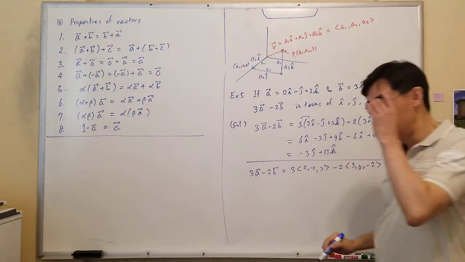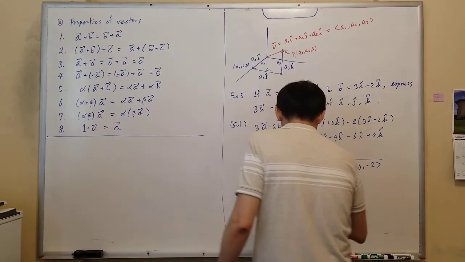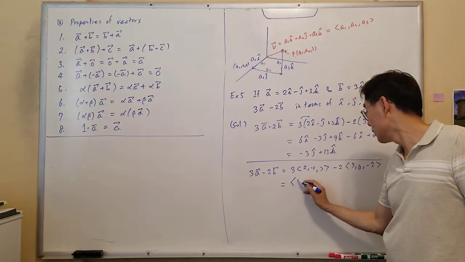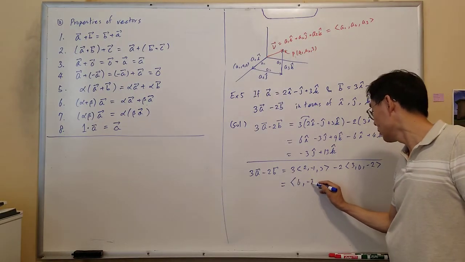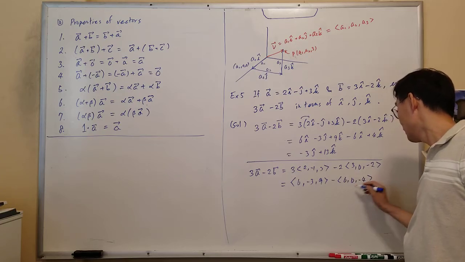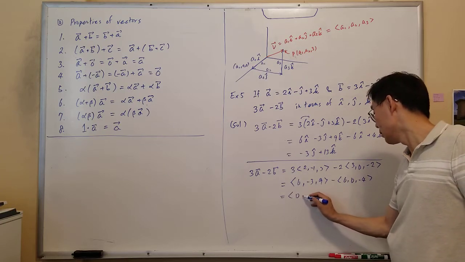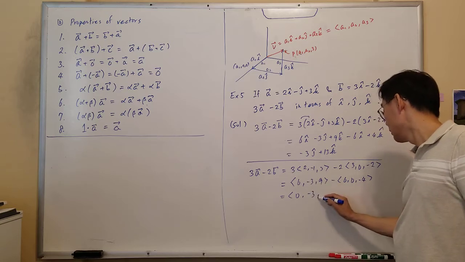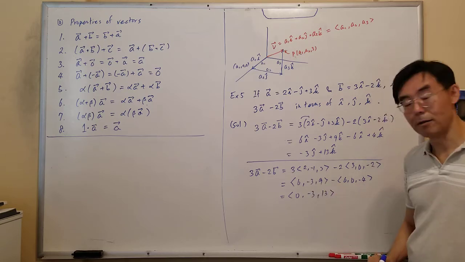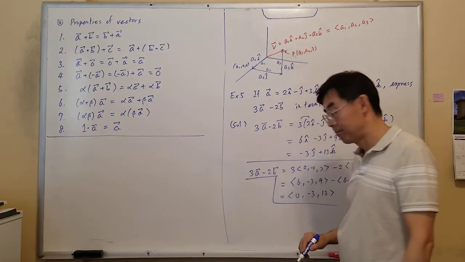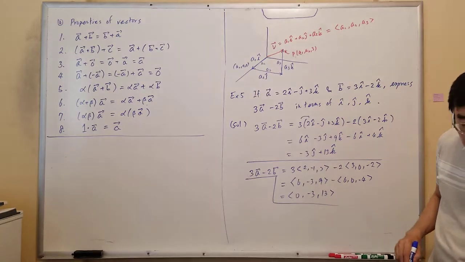So, if you multiply the first one by 3, then 6 minus 6, 9, and 0 minus 0, minus 3, 13. Okay? In the end, you're going to get the same thing. Alright.